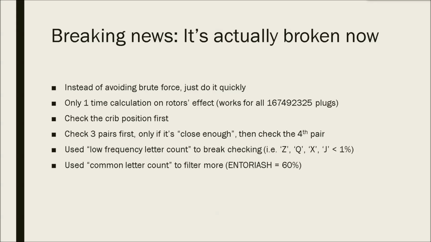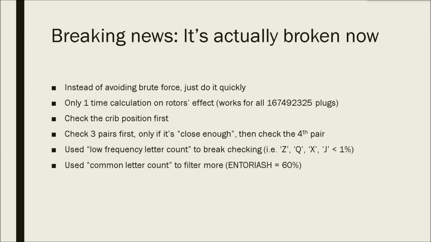So instead of deciphering the entire string and then checking if the last position says KDB, we can rotate the rotors to a specific position, which is 64 for us, and then check if that encrypts to K. If it is, then we will continue. If not, then we'll immediately break out. One more thing is we first check only 3 pairs and see if it is close enough. And only if it's good enough, we'll check the 4th pair.